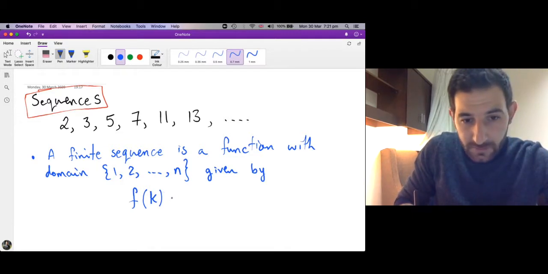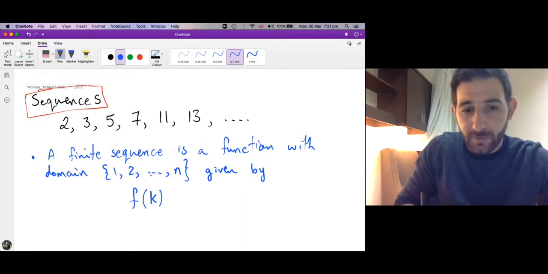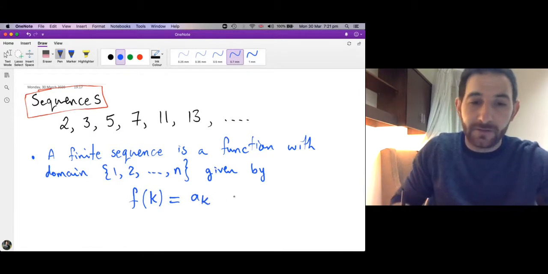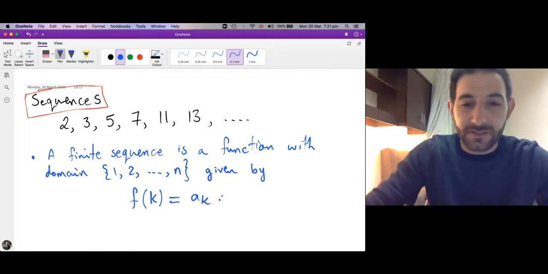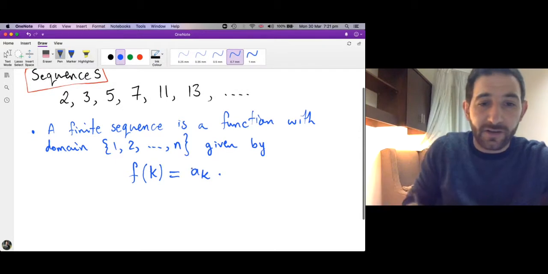If you choose k in the domain, so k is a natural number between 1 and n, we say the image is, say, a sub k. So this is what a finite sequence is.